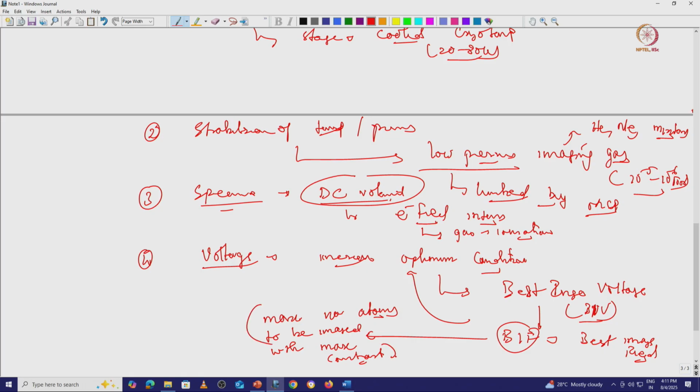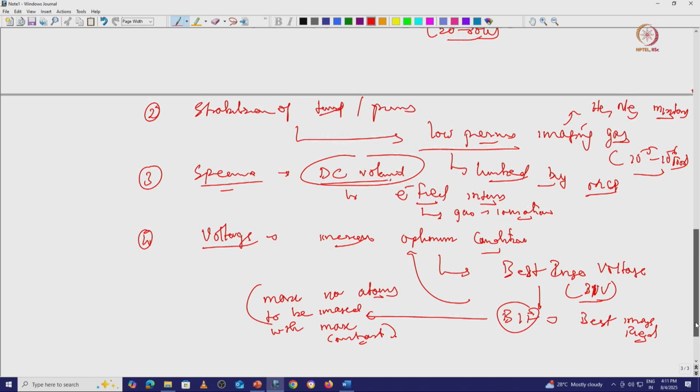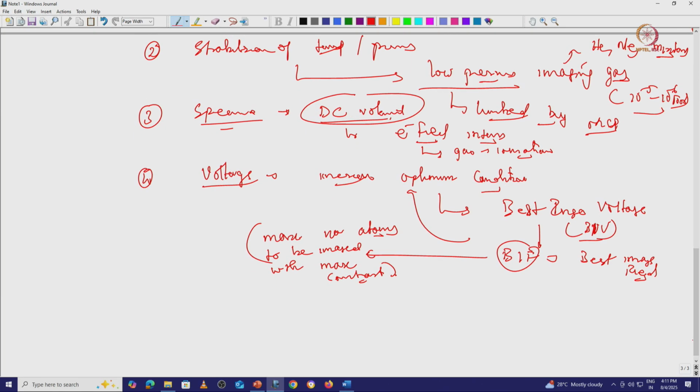Usually the best image field critically depends upon the imaging gas used. For example, helium, which has an ionization energy of 24.6 electron volt, has a BIF value of 44 volt per nanometer. Similarly, for neon, the ionization potential is around 21.6 electron volt and the BIF value is around 35 volt per nanometer.